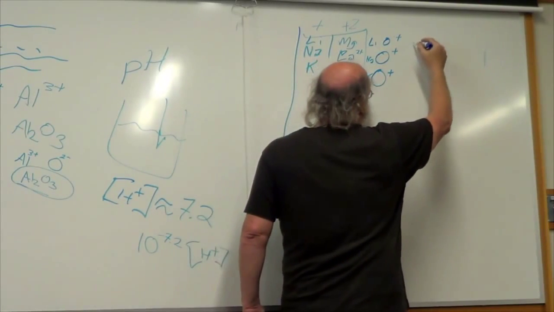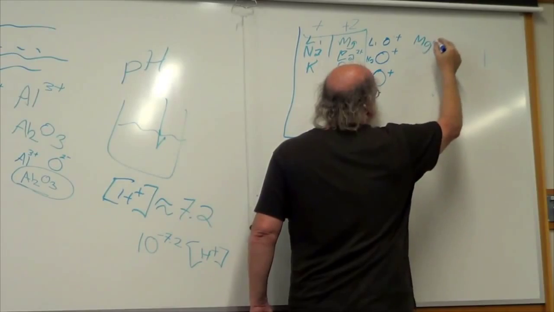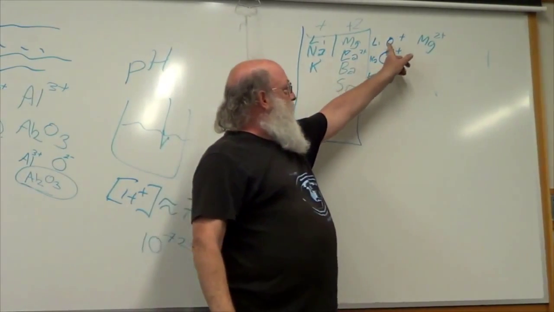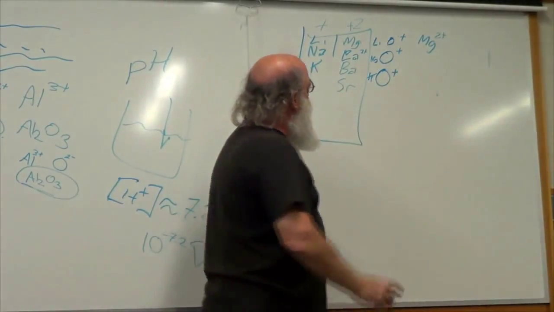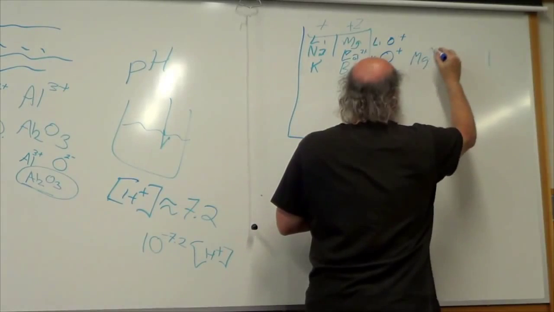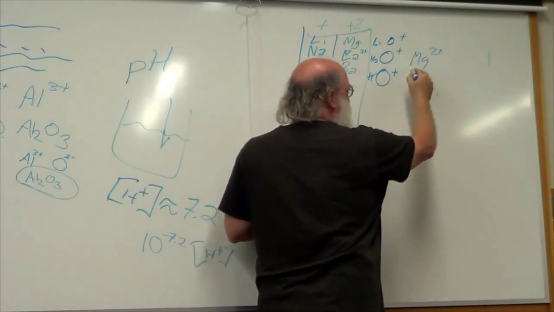When you get to magnesium, magnesium with a 2+ charge is actually a little smaller. Well, you know what? Magnesium's on the wrong row because it's actually supposed to be on sodium's row. But it's 2+ charge.